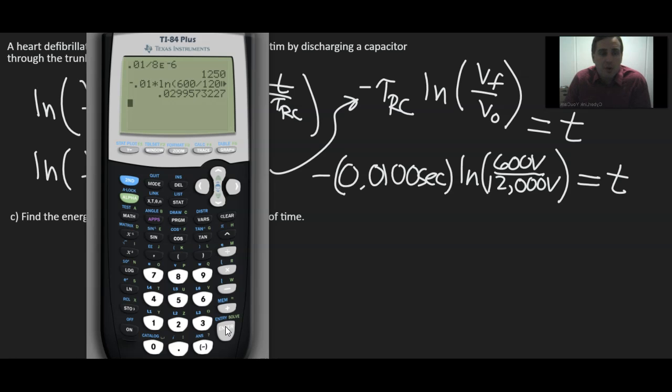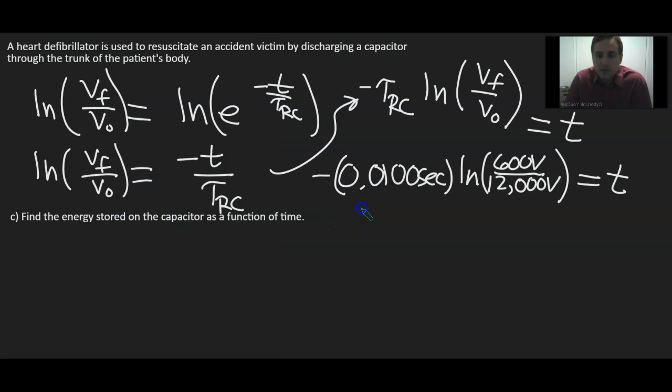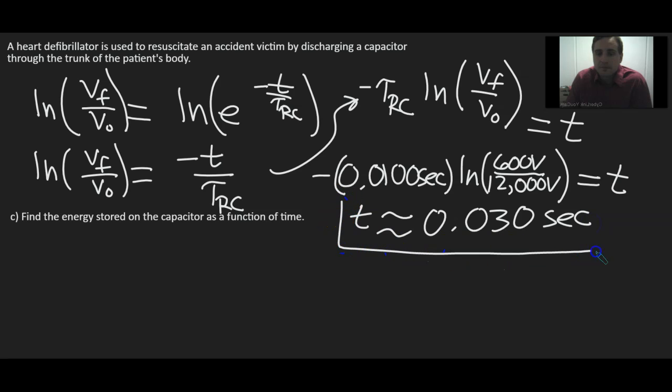So it's about 0.0299, almost like 0.03. So t is approximately 0.03 seconds. Notice that's approximately 3 time constants. So 3 e-folding times, or 3 characteristic times.